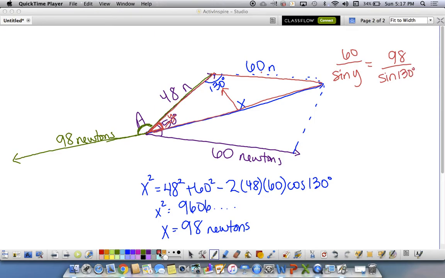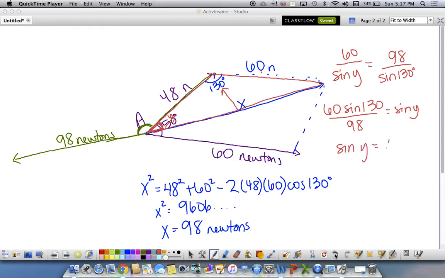So can we find angle y? We're going to cross multiply. 60 sine 130 divided by 98 will equal sine y. And you get a decimal here that's 0.49, so sine y.